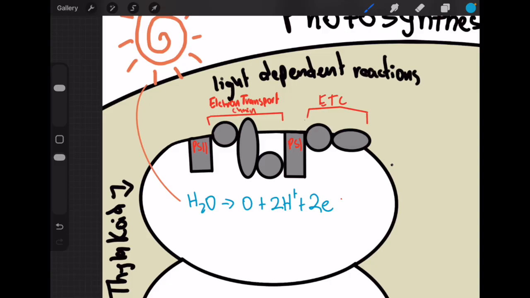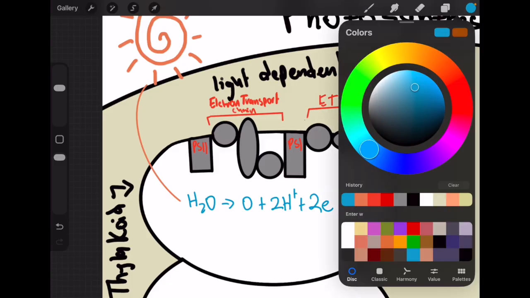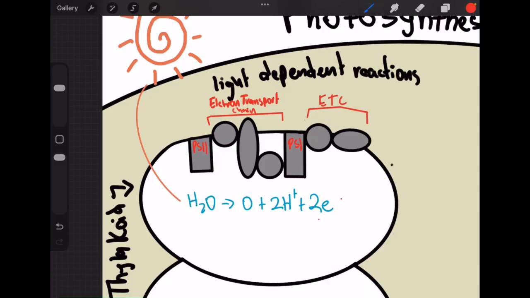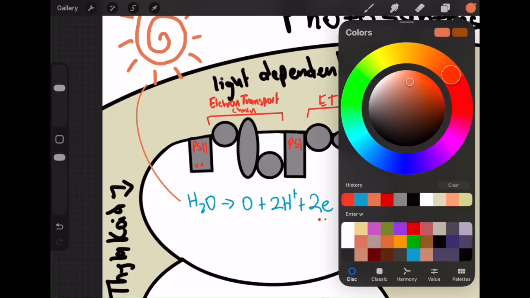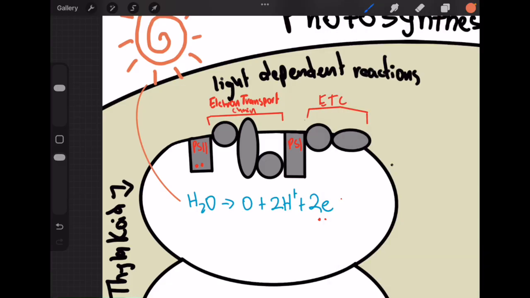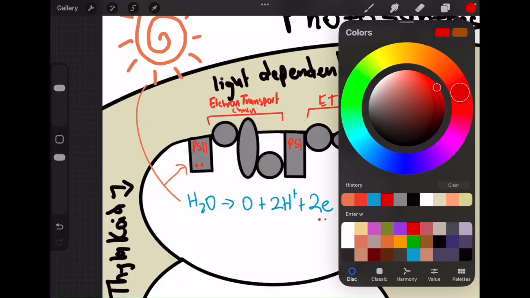So now we're going to label these electrons with these red dots. These electrons will go through here in PS2 and they'll be charged up by the sun. So it's going to charge them up through here in the electron transport chain.